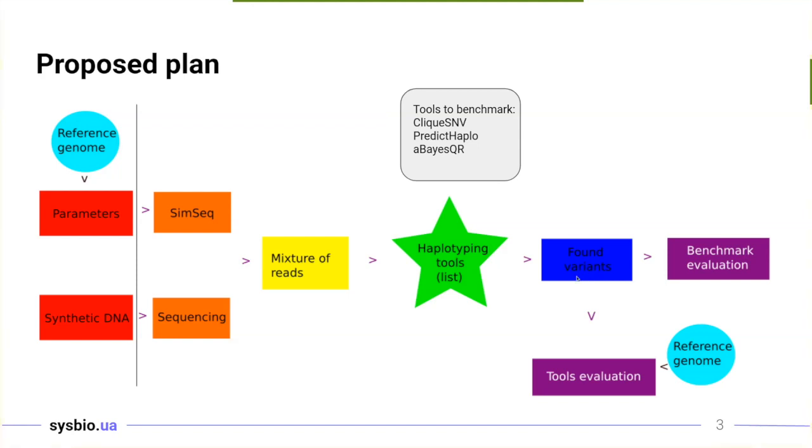We find variants, and we evaluate the tools. And then after we're done with it, we can even send our parameters for the mixture to the wet lab, and they can generate synthetic DNA, which then goes through sequencing, and we can basically validate our benchmark in this way, our data sets which we created synthetically.